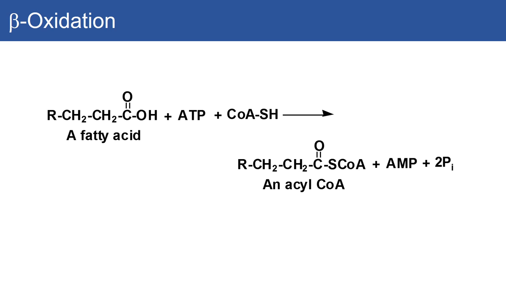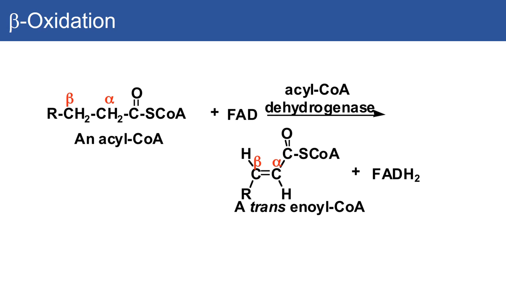Basically, the fatty acid has your carboxyl group, and we're going to add on this sulfated CoA group instead of the hydroxyl. So it's a thiol-CoA, and you're going to spend 2 ATPs. So you take fatty acid plus an ATP plus the thiolated CoA, and you're going to end up with a thiolated acyl-CoA plus an AMP plus 2 phosphate groups.